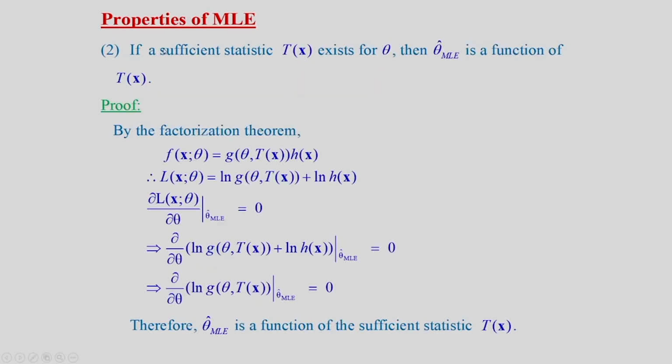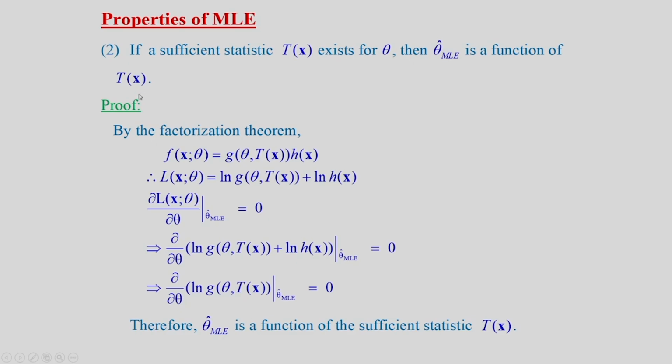Next, one important property: if a sufficient statistic T(x) exists for theta, then theta hat MLE is a function of T(x). So if we know that a sufficient statistic T(x) exists, then theta hat MLE must be a function of T(x).